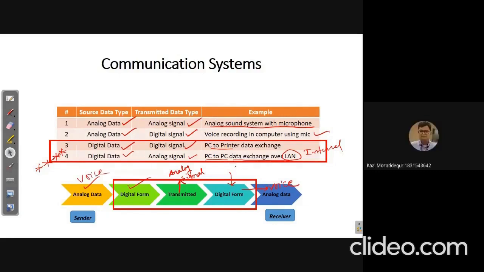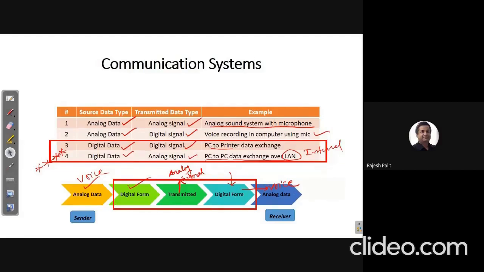So you see, the irony is how many conversions are taking place. At first it was analog, then we converted into digital, and using analog signal we are transmitting, then we are again converting the digital form into analog.